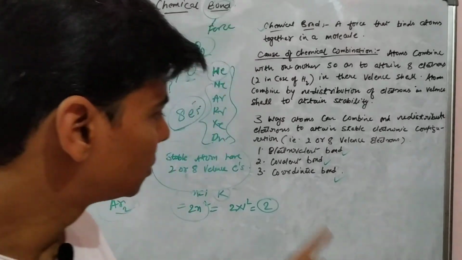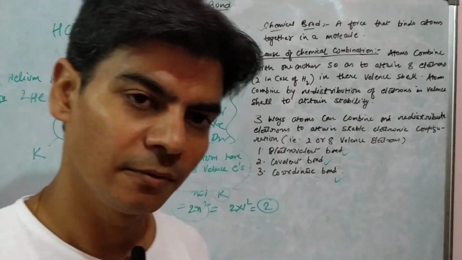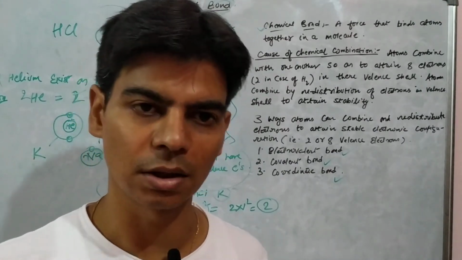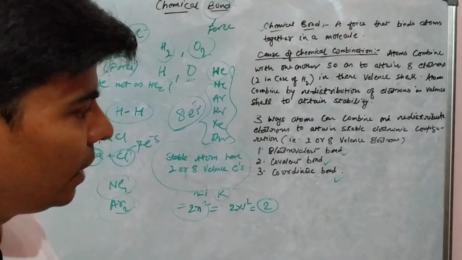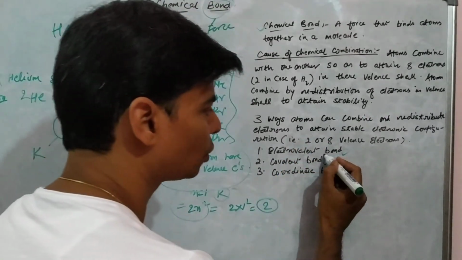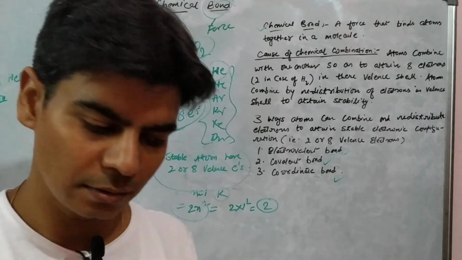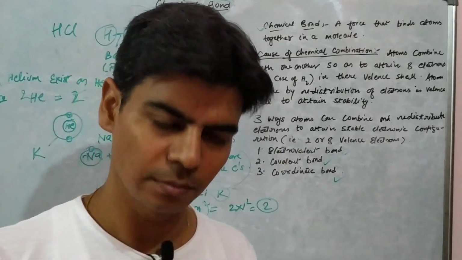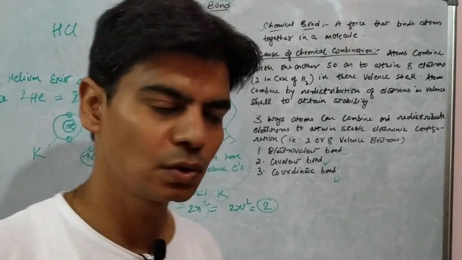If the combining atoms transfer electrons from one atom to another to attain 2 or 8 electrons in their outermost shell, they will result in an electrovalent bond. Once they transfer electrons, they will develop a force between them, which is known as electrovalent bond.